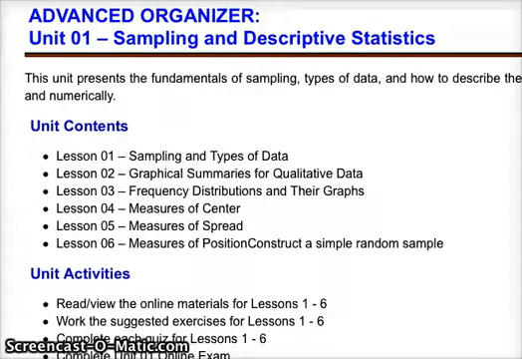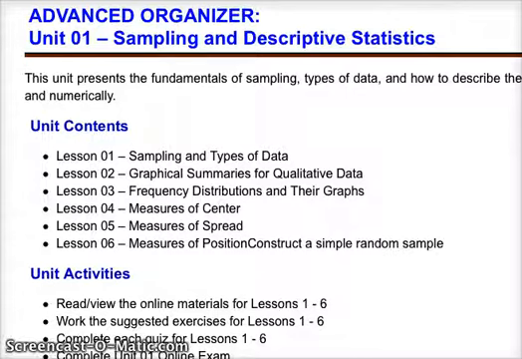Remember, these are the things we're going to have accomplished in our first unit. Samplings and the types of data, the summaries, the different qualitative or quantitative data. That's important to get down. Frequency distributions and their graphs, the measures of center. So remember, we're talking about mean, median, mode.